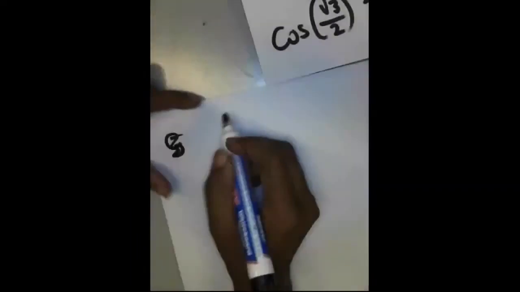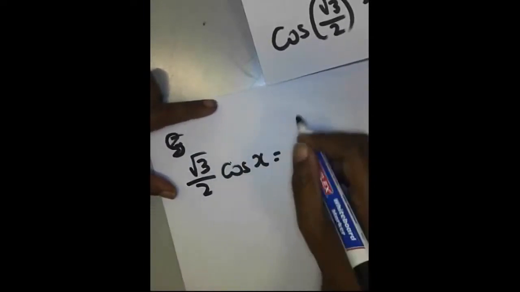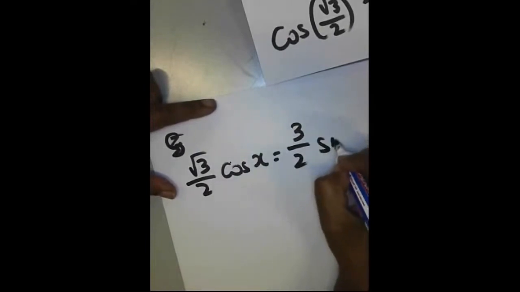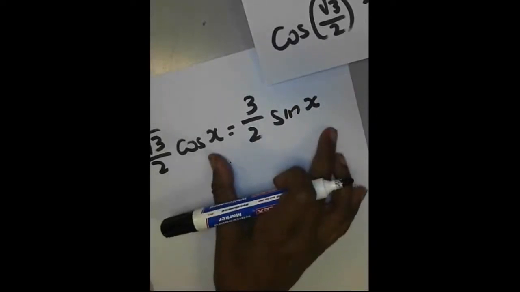Now I can take everything over. Square root of 3 over 2 cos x is going to be equal to 3 over 2 sin x. To get tan, the names are the same, the angles are the same.